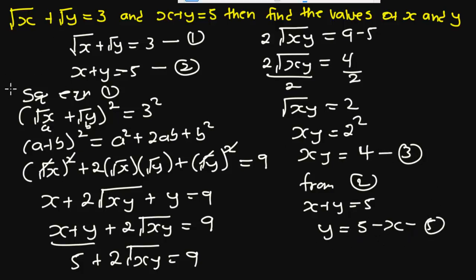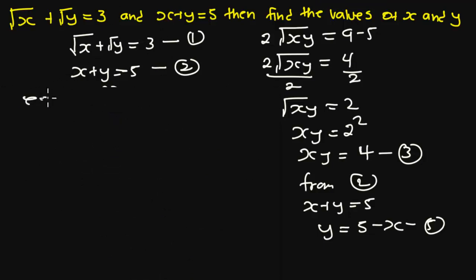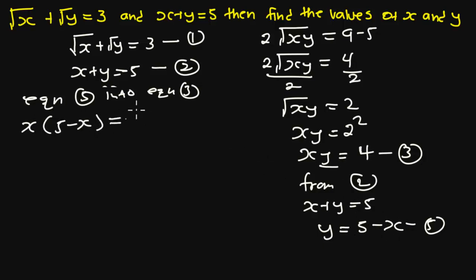So wherever we see y in equation 3, then you write 5 minus x over there. So you are going to have x multiplying 5 minus x to be equal to 4, which gives 5x minus x squared is equal to 4, which gives 0 is equal to x squared minus 5x plus 4.